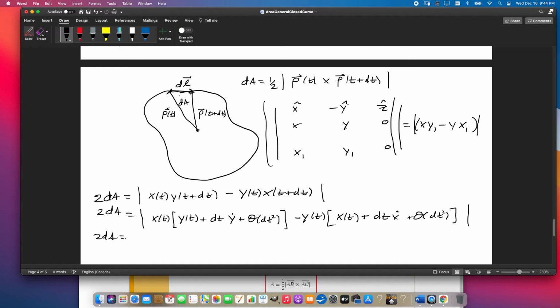So actually now I want to divide by dt. My x's and y's cancel, and dividing by dt, I just get x y dot plus terms on the order of dt, minus y x dot, minus terms on the order of dt.